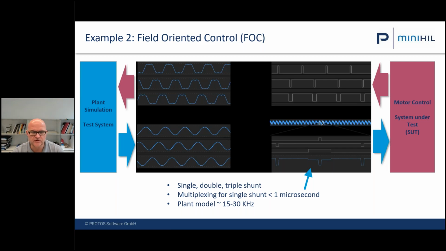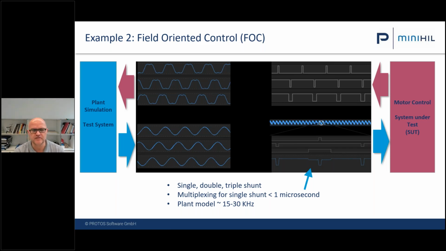If you're using field-oriented control, you might know what kind of curves those are. We can simulate single, double, triple shunt system. The multiplexing for single shunt is way below 1 microsecond, so it needs to be really fast. The plant model itself runs between 15 and 30 kilohertz.